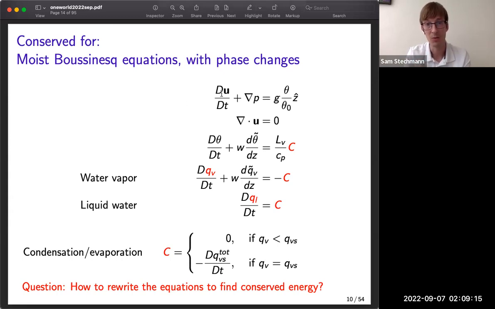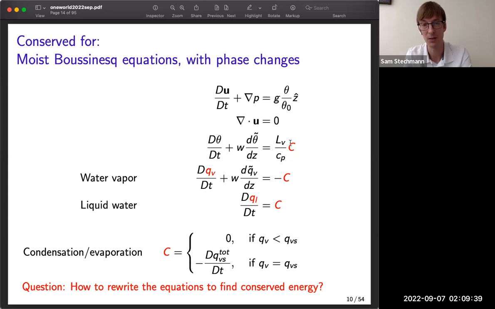So we have our momentum equation with pressure gradient and buoyancy, and it's Boussinesq, so it's considered incompressible. And then we have the thermodynamic equation. If these were just the dry equations, then we would stop here with our potential temperature theta. There would be no source term.